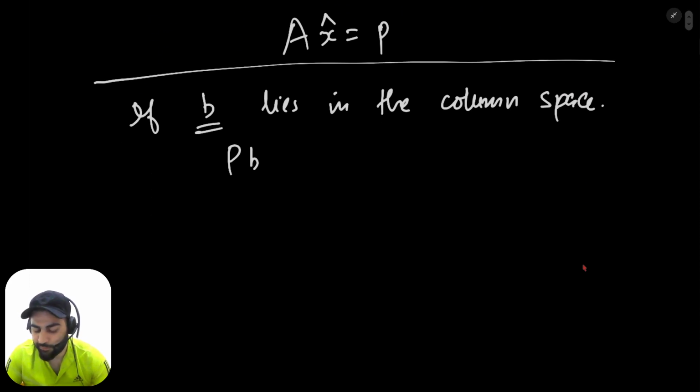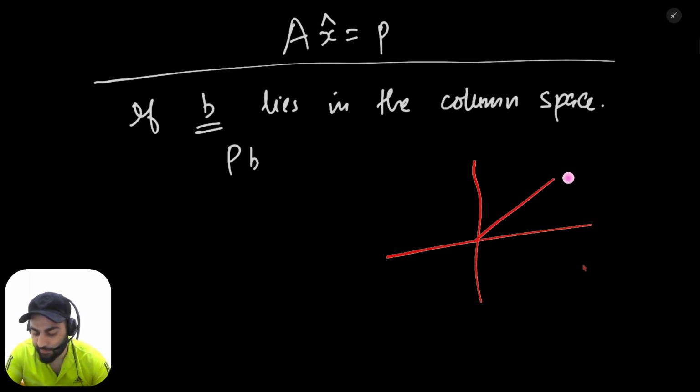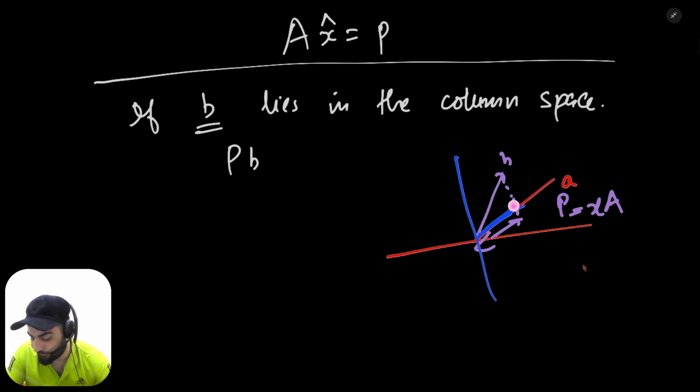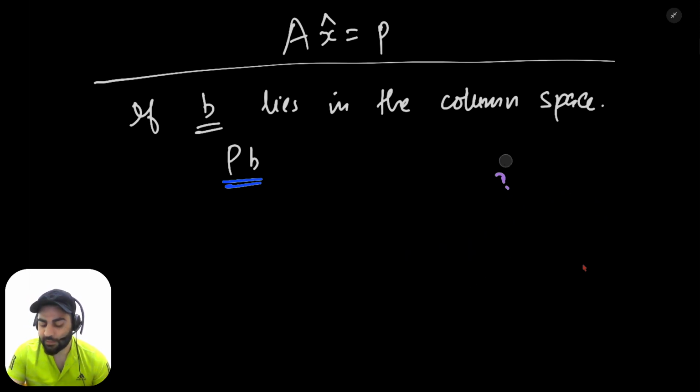If you again recall the picture, it was like this. We had some A, and we had a vector B, and we tried to project this B onto this A. This projection was called x A, this projection P. So now I am saying, if this vector B lies on the subspace itself, what should the projection of B be?